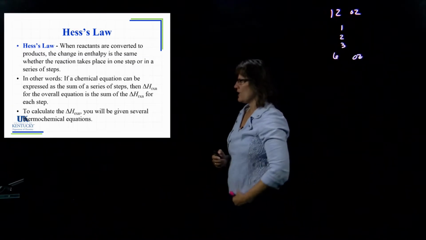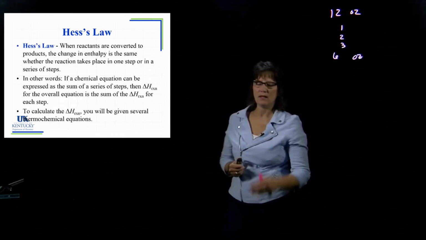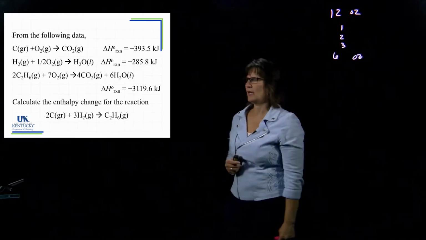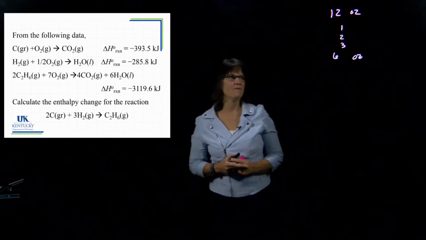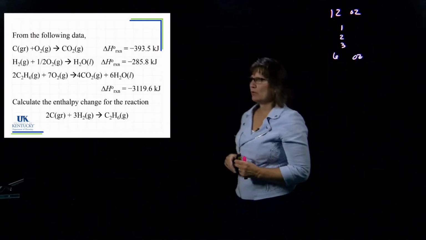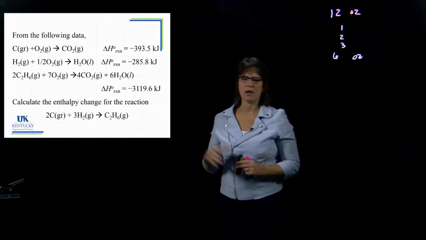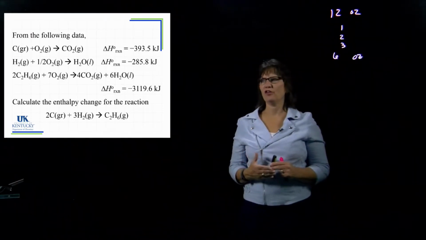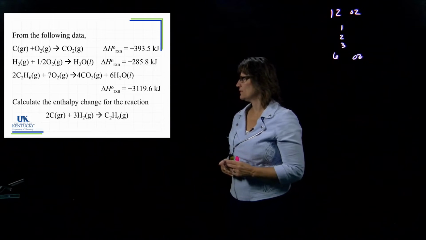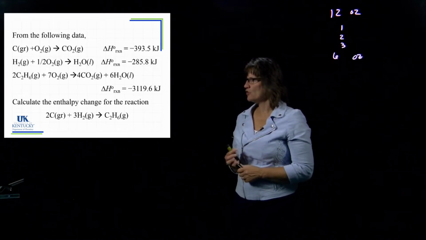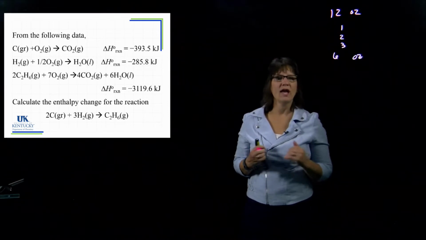The easiest way to see this is to be given an example. So let's look at an example here. I have several chemical reactions given to me there, and I'm trying to construct the bottom one. So I'm going to build this puzzle with the pieces. We're going to try to find those components and write them down.